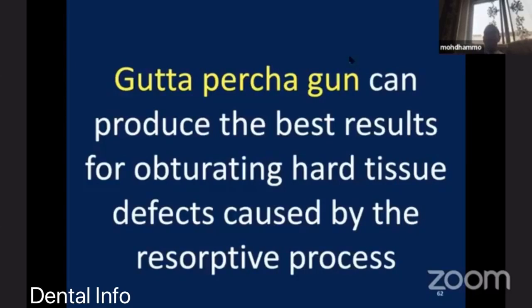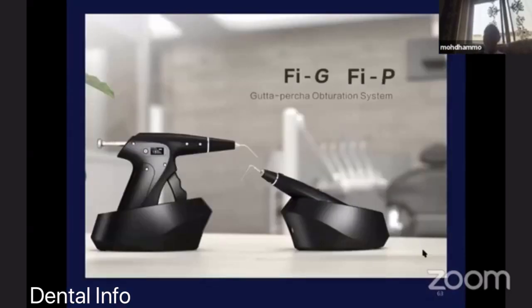And the Guttapercha gun can produce the best result for obturating hard tissue defects caused by resorptive process. And luckily, Baker has their obturation system, which contains two parts, the down pack device and the backpack device or the Guttapercha gun.